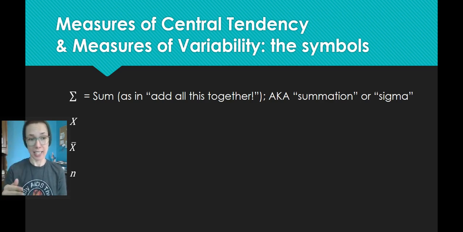With these kinds of symbols, what you have to think about is that these are essentially stand-in representations of the actual numbers in our data set. Sometimes a statistical symbol is giving us a command, like this summation sign here. Sometimes it is a placeholder for an actual number in your data set.